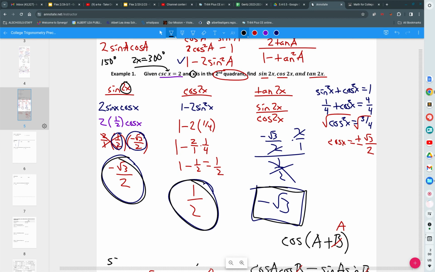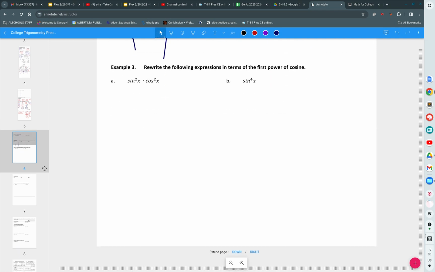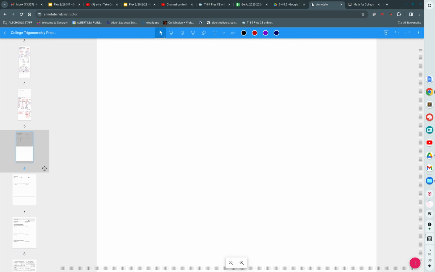Let me give you a little bit of guidance here. Problem number 1 for your homework, as you look at that page that has just 3 problems on the front, those 3 problems on the front.